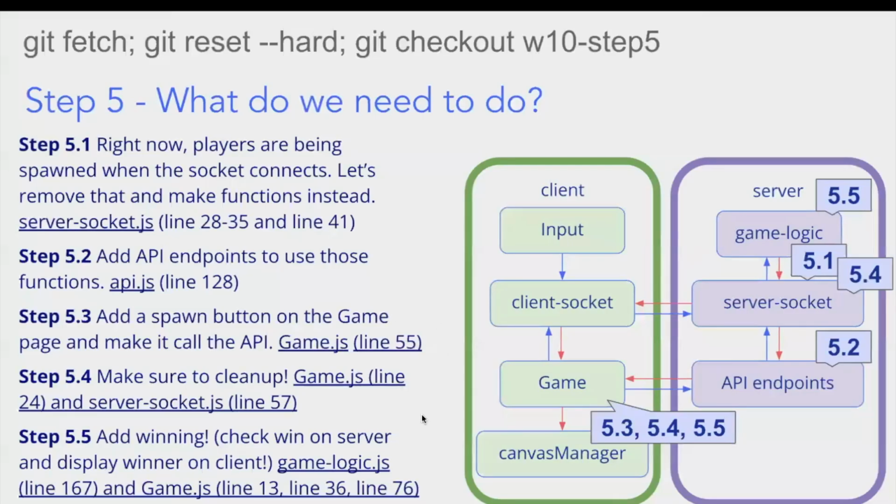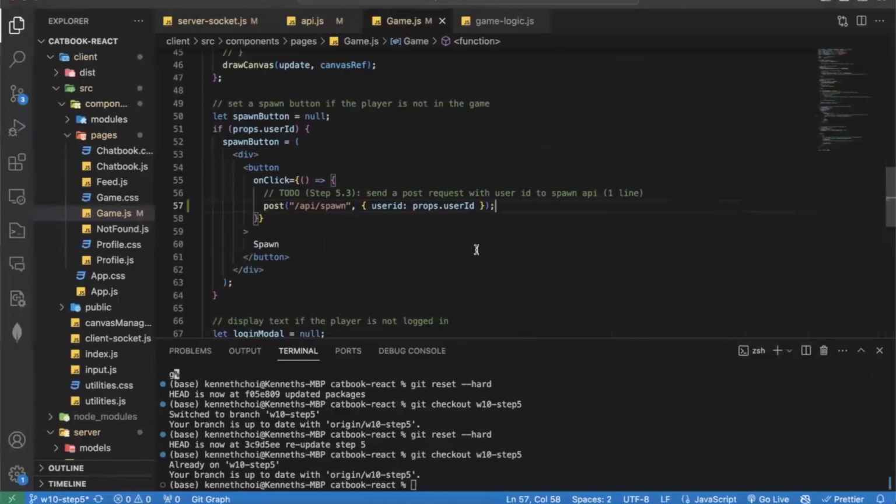And then finally, in step 5.4, we're going to clean up. So what exactly does this mean again? Well, basically when the user exits the page or when the user disconnects from the website, we want to actually despawn the user from the game. So this is what we mean by cleaning up.